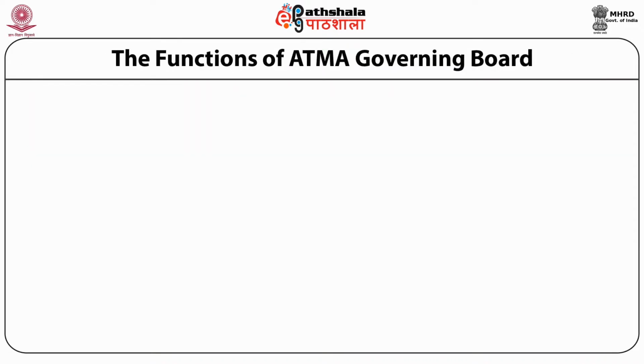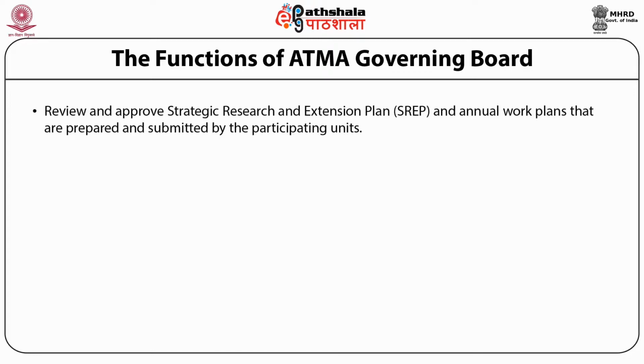So, we were discussing the composition of the governing body, and at the end we said that the functions of ATMA. What are the functions of the ATMA governing board? The first and foremost function is to review and approve the strategic research and extension plan and annual work plan that are prepared and submitted by the participating units.